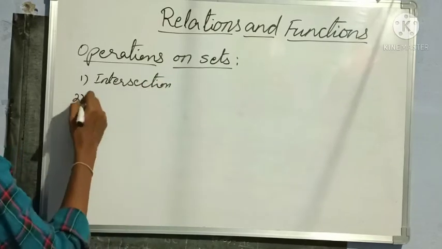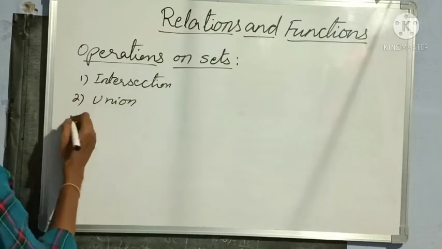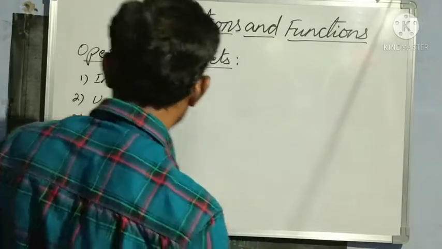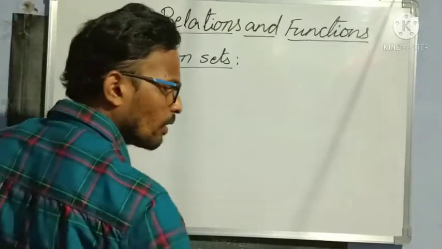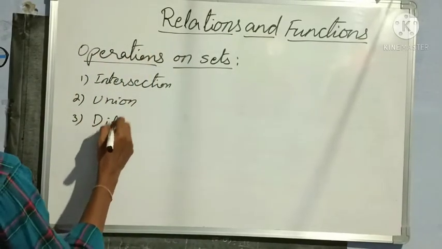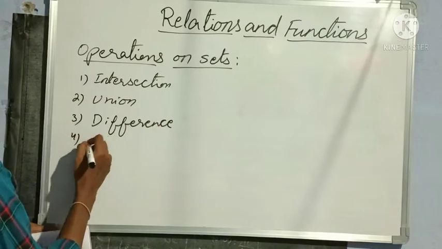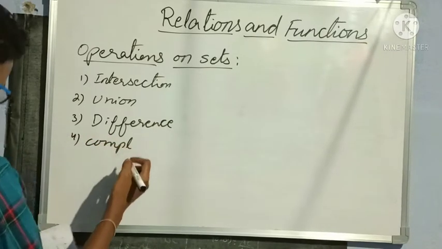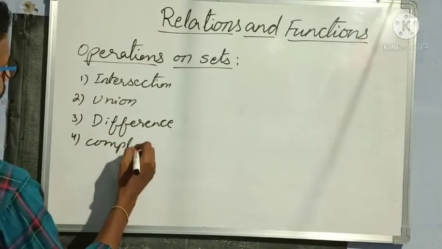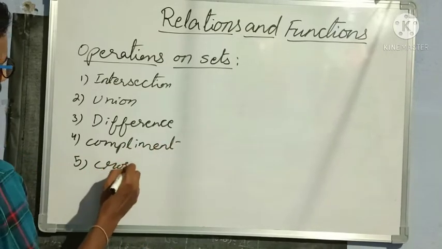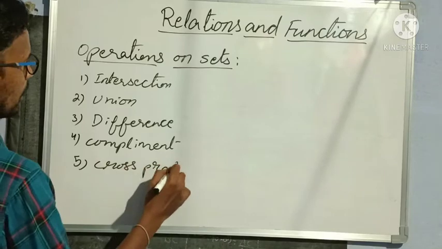Second one is union. Third one is difference. Fourth one is complement. And last but not the least, cross product. So these are the 5 operations on sets.